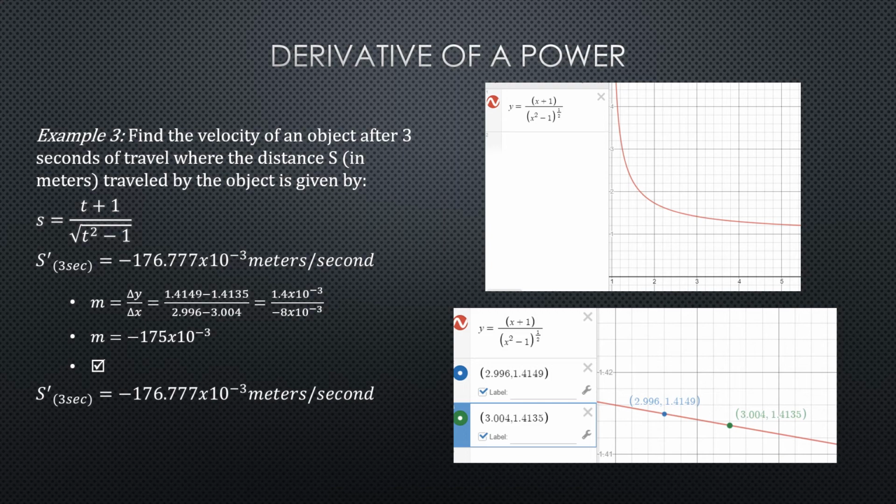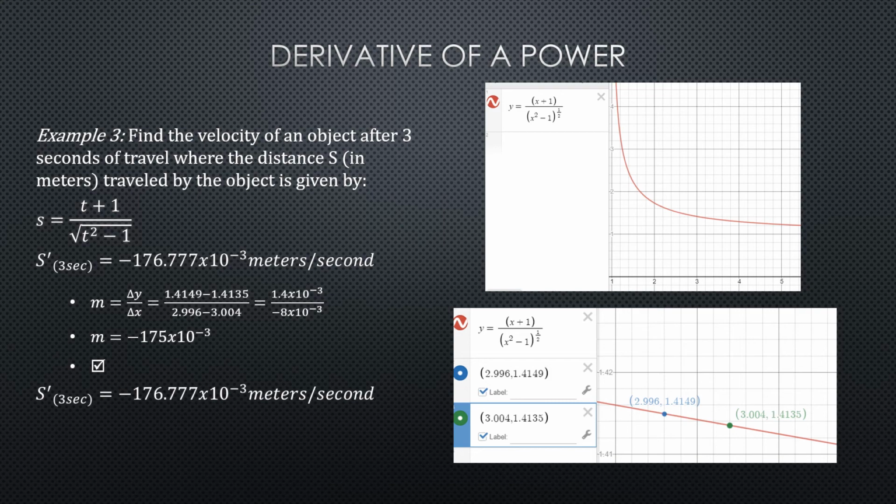I've just plotted a couple points here on the line that are roughly centered around the number 3. Once we get the slope of that, we should be able to say that it should be close to the instantaneous slope at 3. And you can see the math here. You end up with 1.4 times 10 to the minus 3 over negative 8 times 10 to the minus 3.